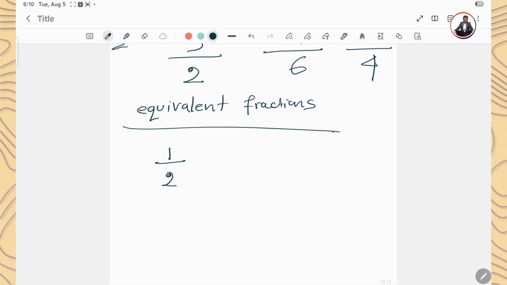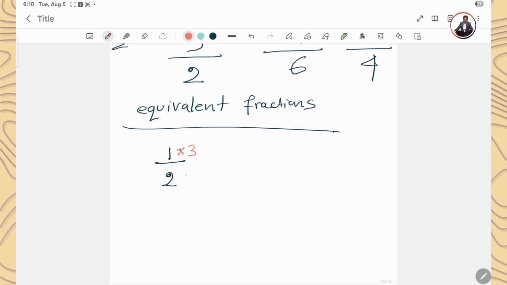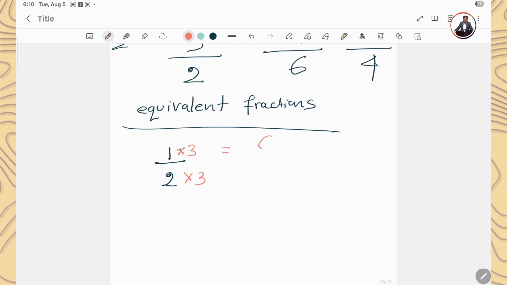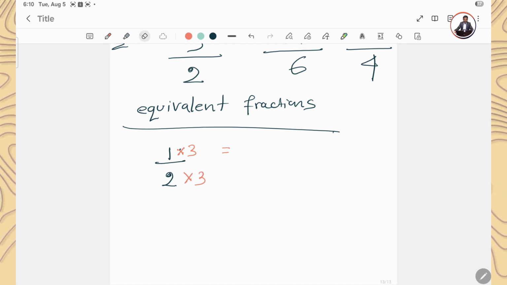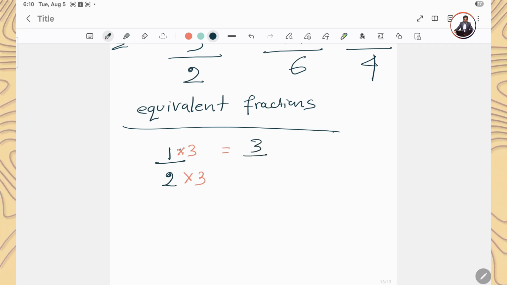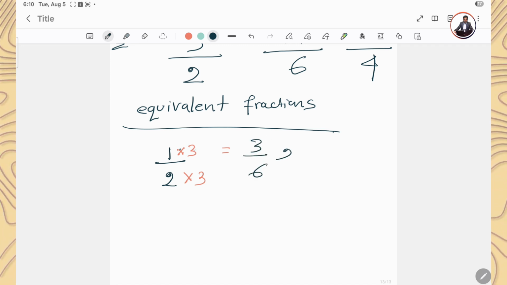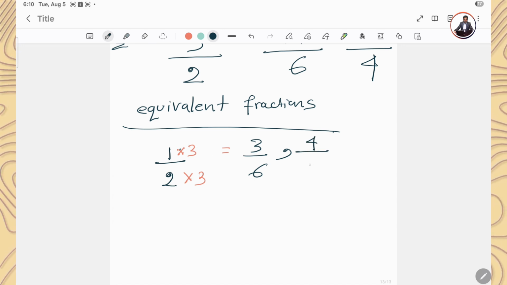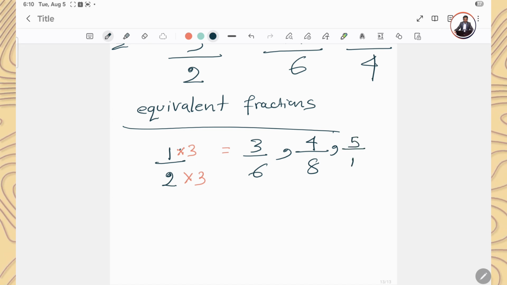If you multiply the numerator by 3 and the denominator by 3, you get 3 over 6. If you multiply by 4, you get 4 over 8, and by 5, you get 5 over 10.